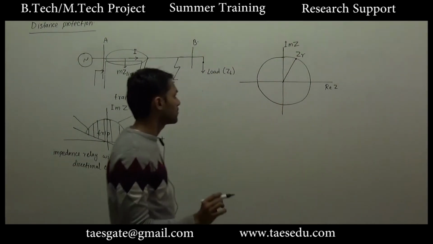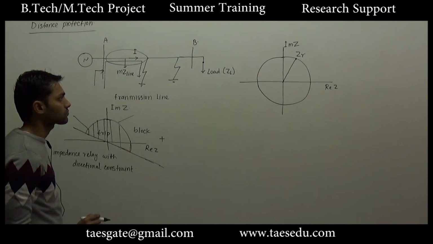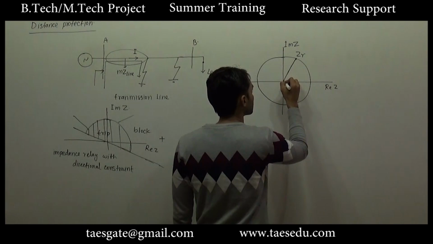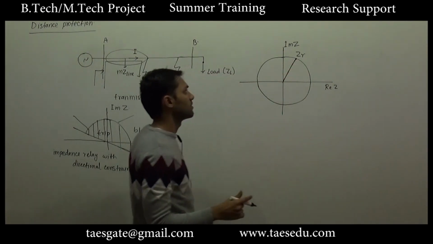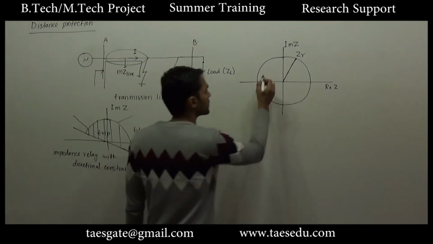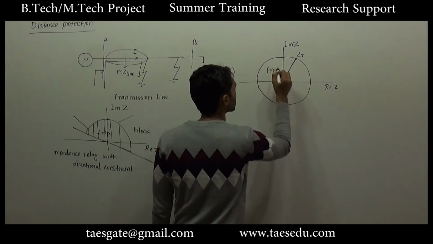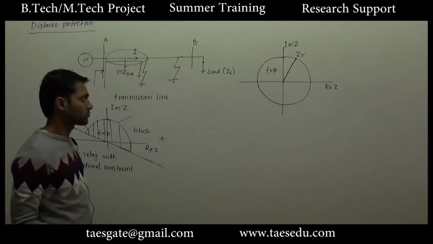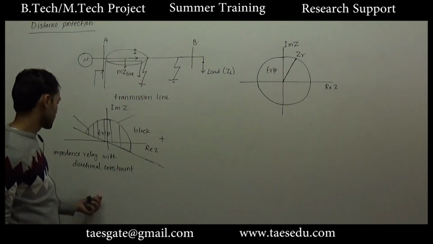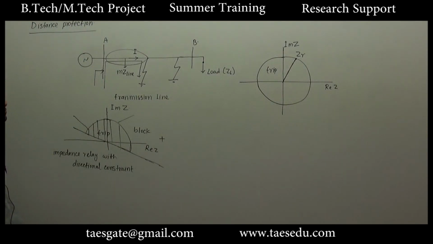This is the characteristic of the impedance relay. ZR is the reference impedance. If the impedance seen by the source is less than ZR, the relay will operate. This is the trip region. Okay. So this is the non-directional impedance relay. This is the impedance relay with directional constraint.